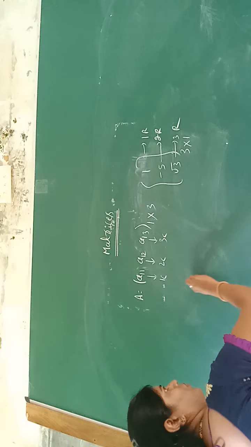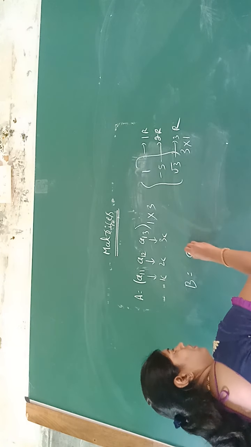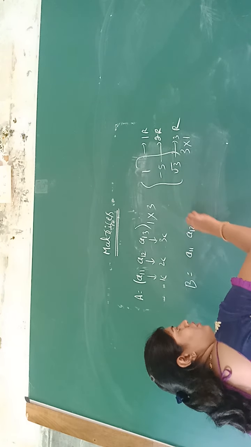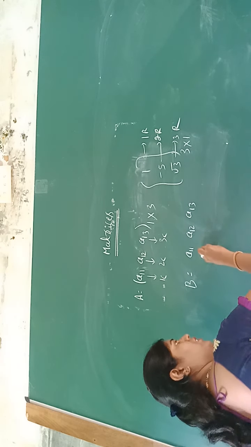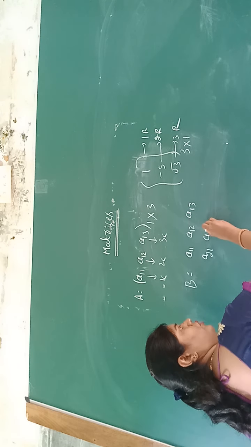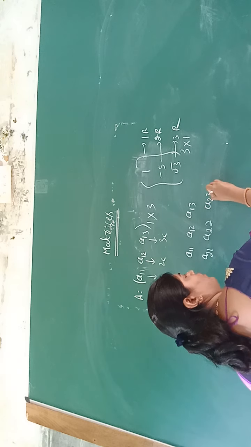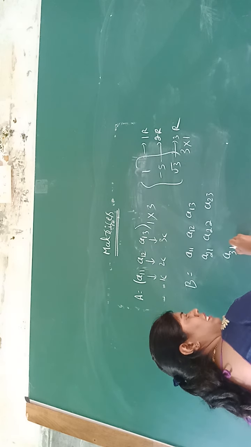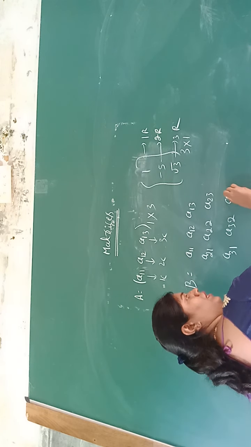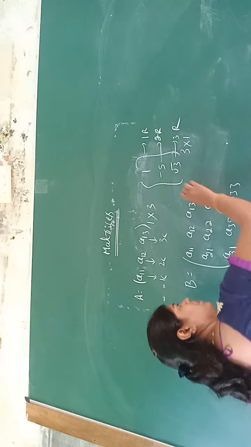Similarly, B is equal to A11, A12, A13, next A21, A22, A23, similarly A31, A32, A33. How many horizontal lines?